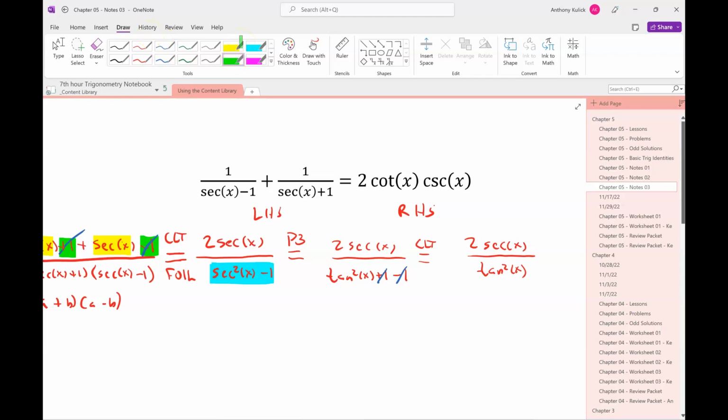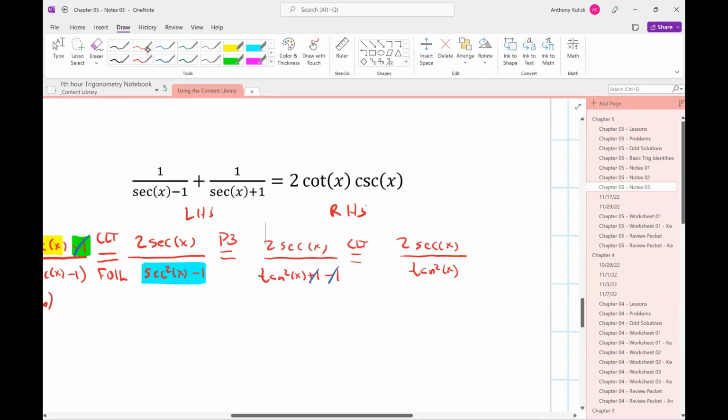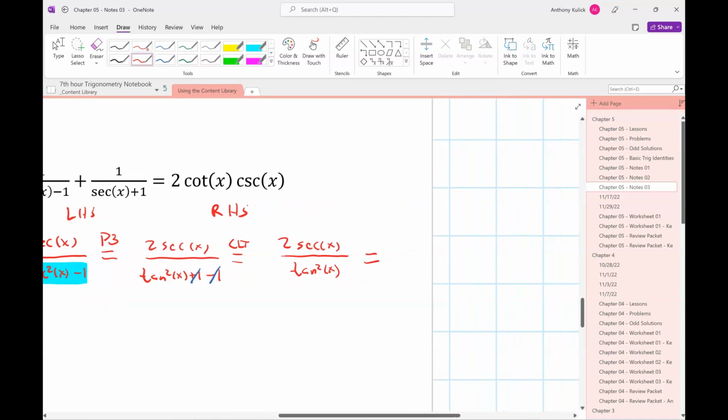Mr. Kulik's advice is eye on the prize. Okay, where are we trying to get to? We want 3 things being multiplied together. So I'm going to rearrange this just so I have 3 things multiplied together.